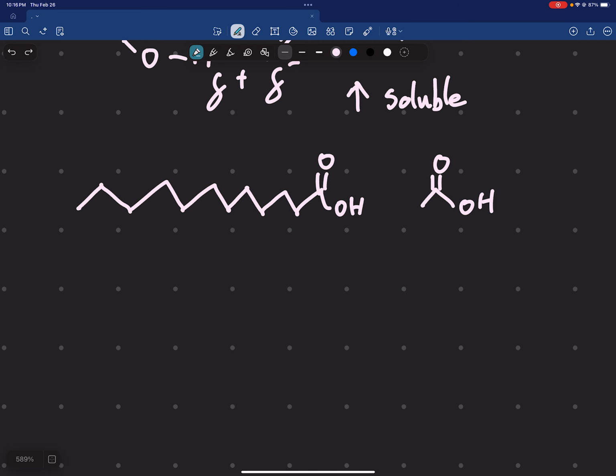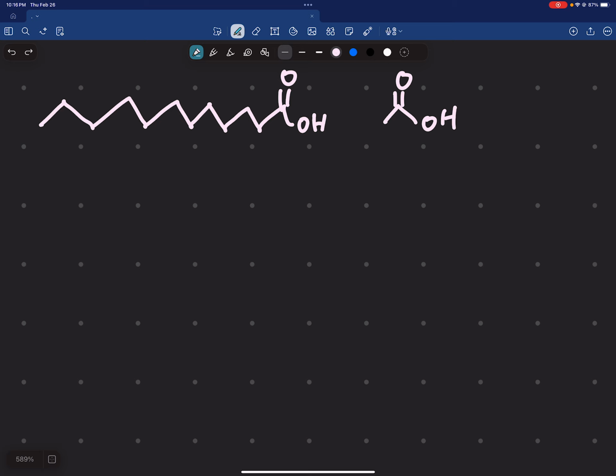So let's go through the actual acidity of carboxylic acids. Carboxylic acids are weak acids, and their Ka for most unsubstituted aliphatic and aromatic carboxylic acids will be around 10 to the negative fourth to 10 to the negative fifth.